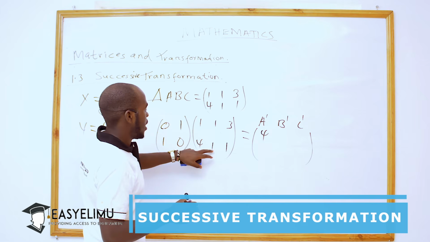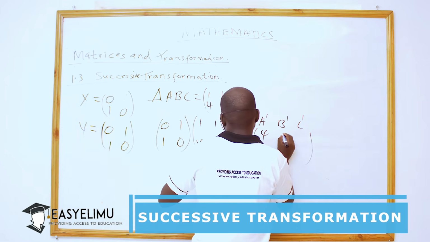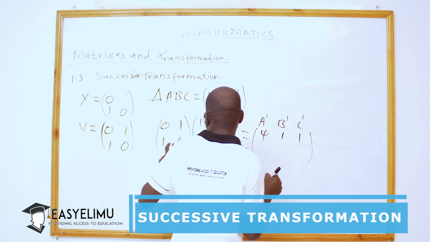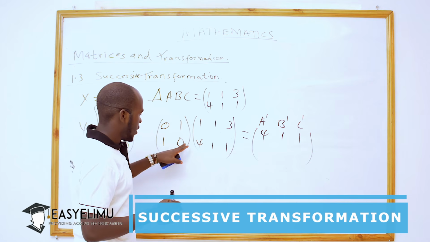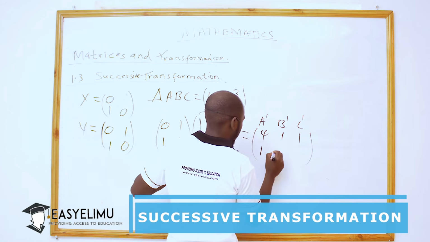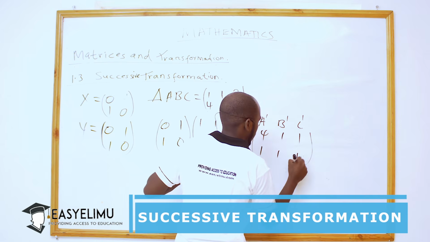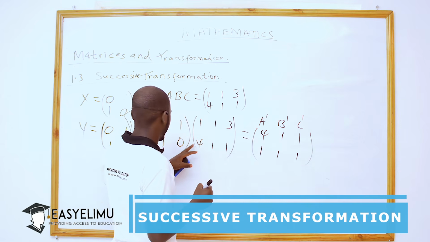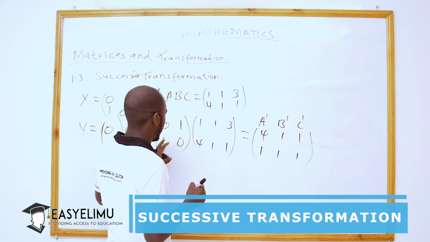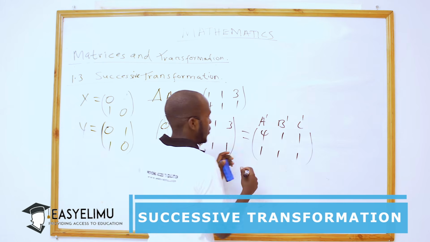The other one applies, that is 1, 1. And 1 multiplied by 4 plus 0, you get 1, 1, 1, 1, 3.